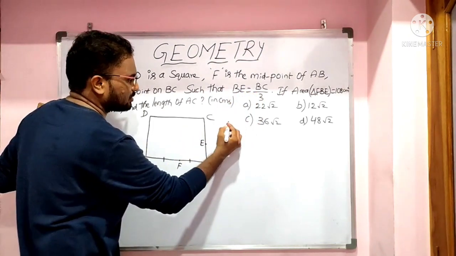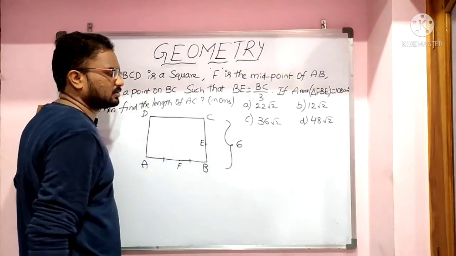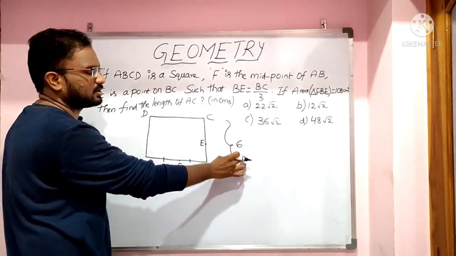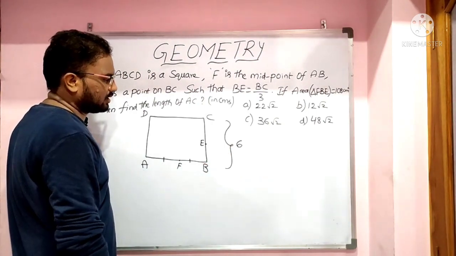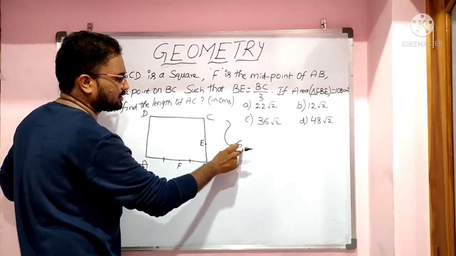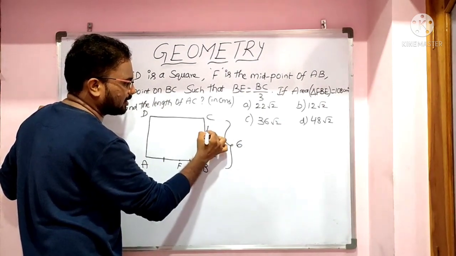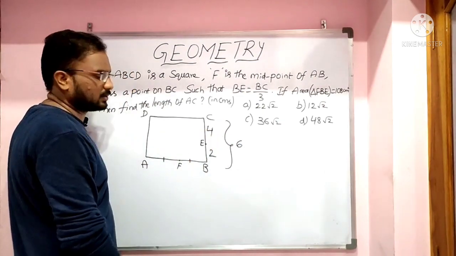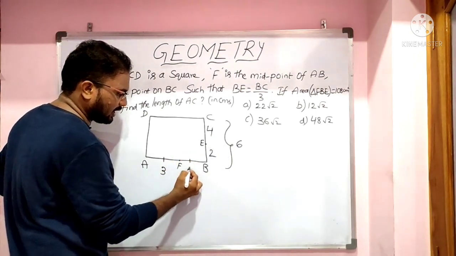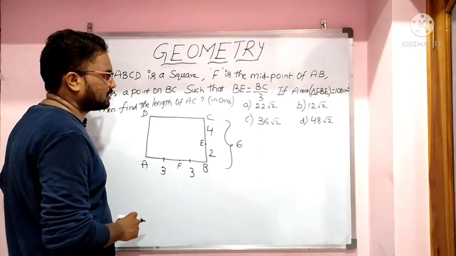I will consider the side of the square as 6 centimeters. Then BE equals 6 by 3, so this will be 2 and this will be 4. This is the midpoint, so this will be 3 centimeters and this will be 3 centimeters.